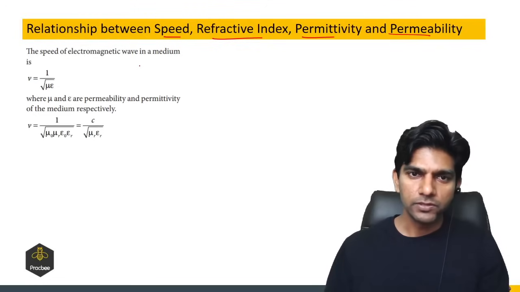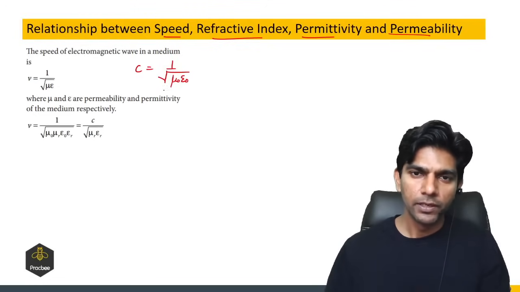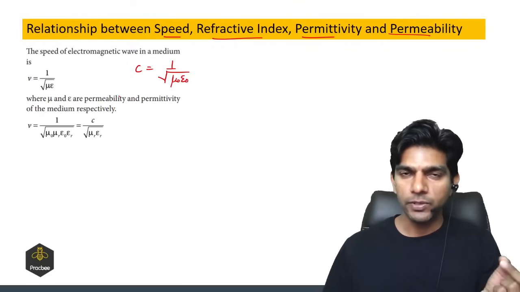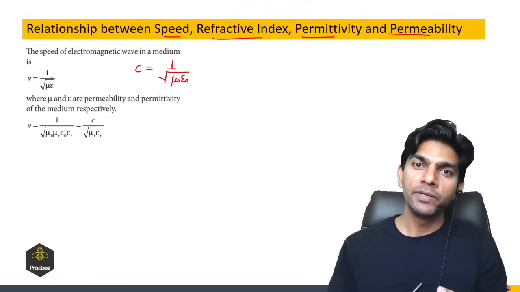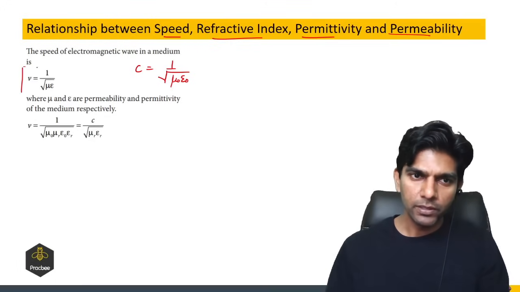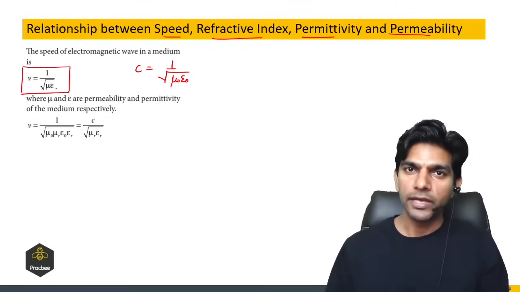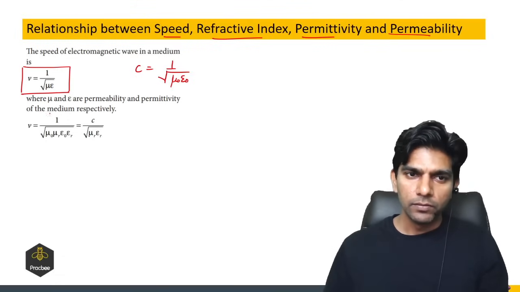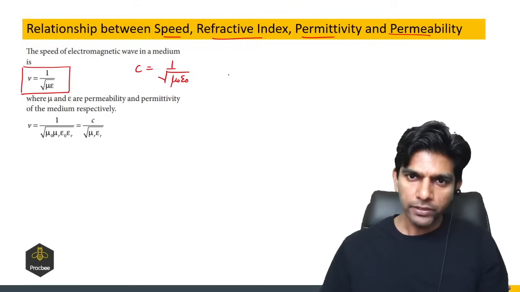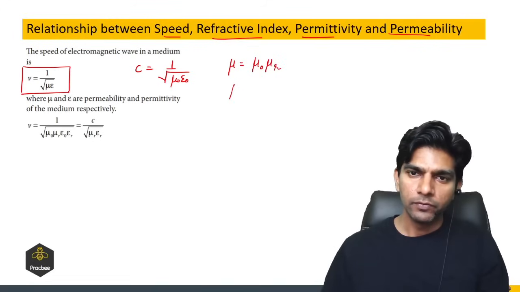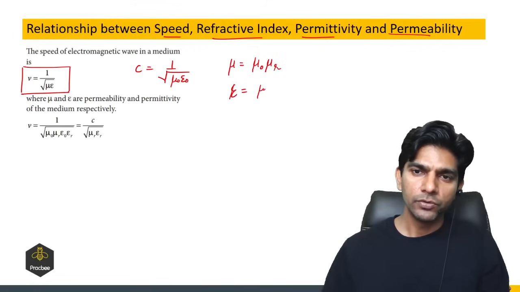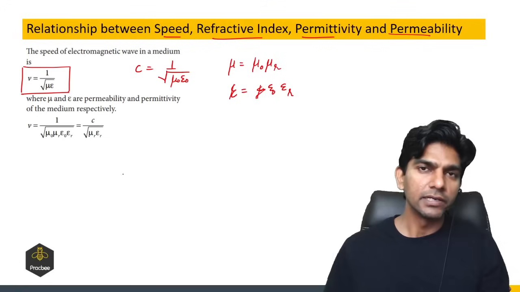Now let us see the relation between the speed, refractive index, permittivity, and permeability. As I mentioned, the speed of light in vacuum is given by 1 upon square root of mu naught times epsilon naught. Now if I want to show the speed in a particular medium, we'll use the permeability and the permittivity of that medium. So the formula will become 1 upon square root of mu times epsilon. And we know that mu is mu naught times mu relative, and epsilon is epsilon naught times epsilon relative.